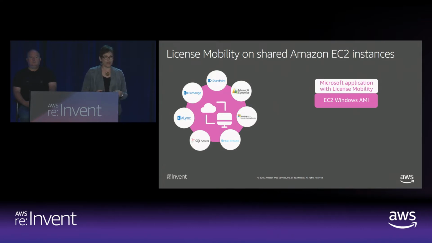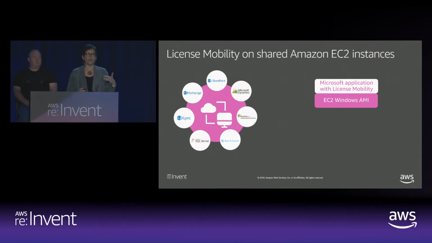You can take advantage of the fact that you're already paying for that and use your license mobility benefit to bring those Microsoft applications to an EC2 instance on shared tenancy. To do this, you'll be using the Windows license-included instance. And then you bring your Microsoft application with no additional costs.